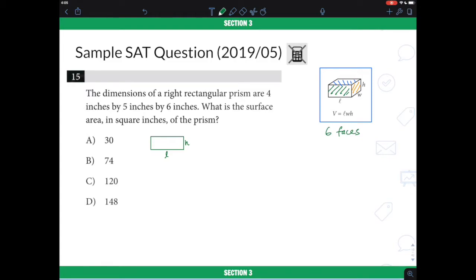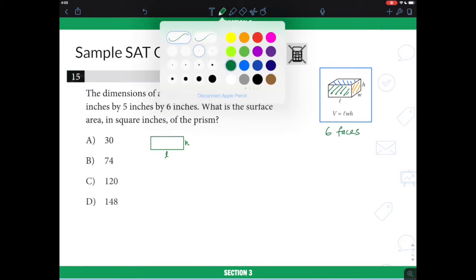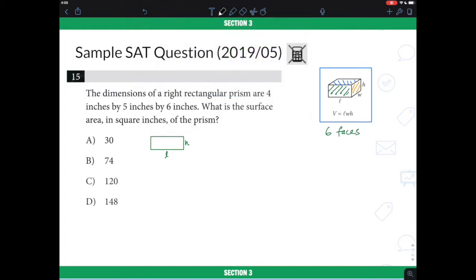To avoid confusion, let me label the length as the longest side, 6, the width as 5, and the height as 4. As long as you are consistent, you are going to be just fine.